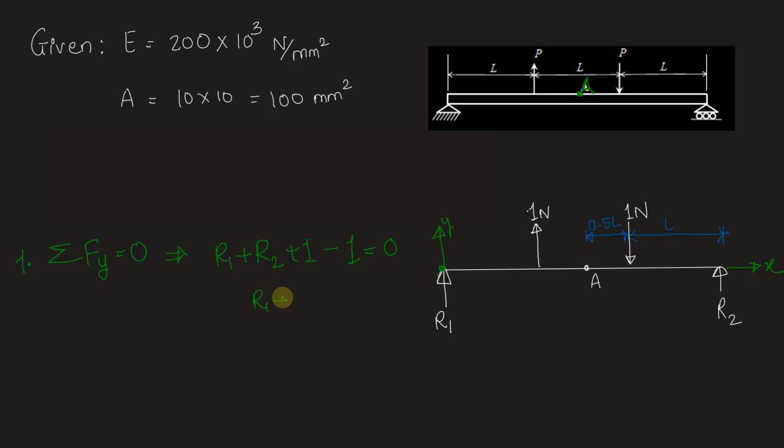So we have R1 plus R2 equal to 0, minus 1 plus 1 becomes 0, and R1 equal to minus R2. We have one relation between R1 and R2. For other relation, let's equate moment about the origin to 0.